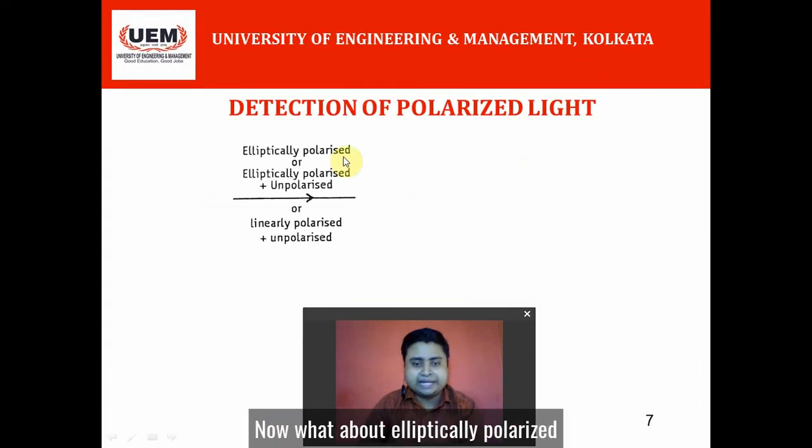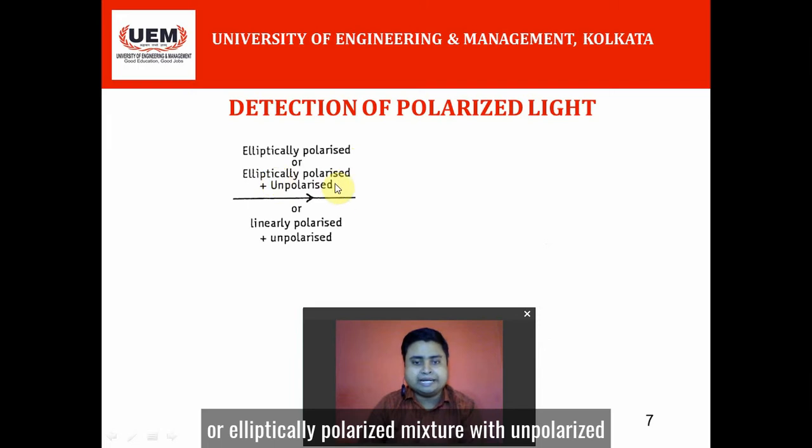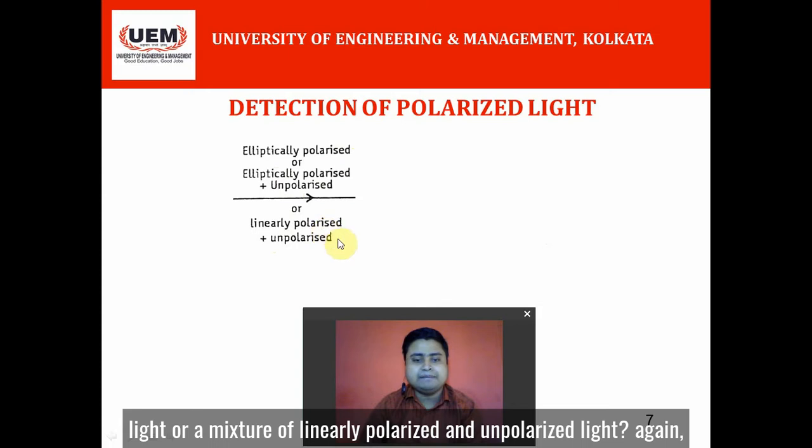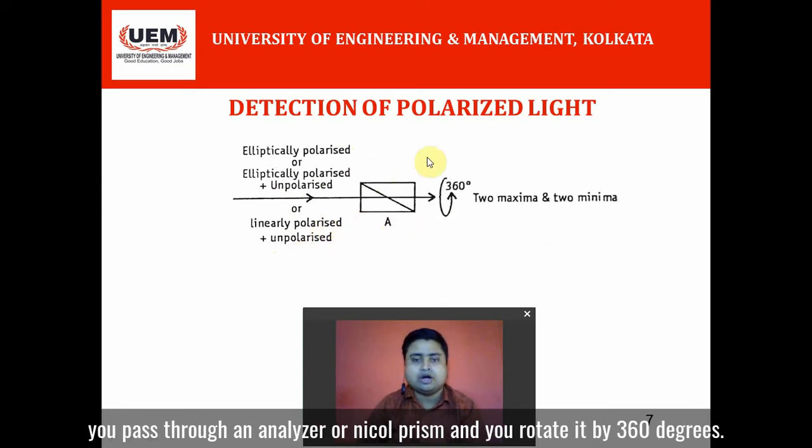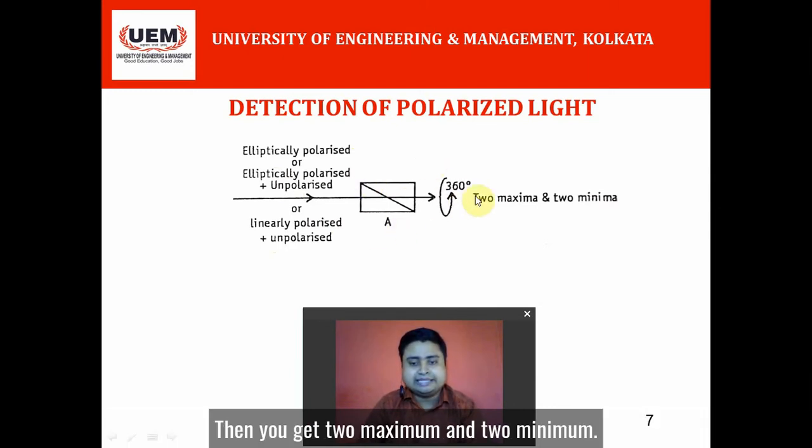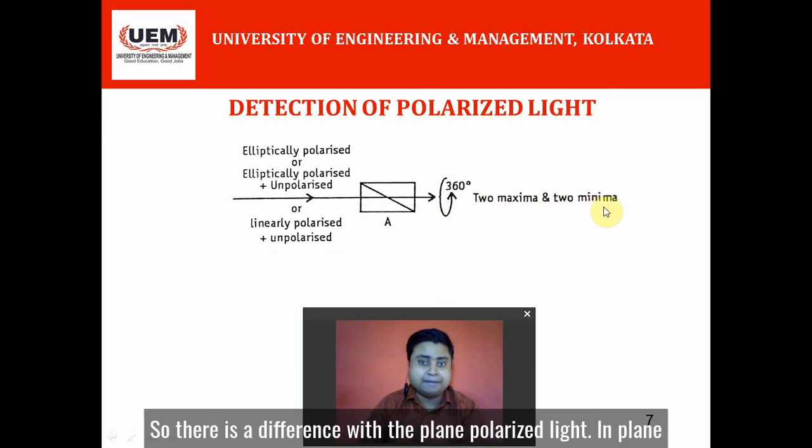Now what about elliptically polarized light, a mixture of elliptically polarized and unpolarized light, or a mixture of linearly polarized and unpolarized light? Again you pass it through an analyzer or nicol prism and rotate it by 360 degrees. Then you get two maxima and two minima. So there is a difference from plane polarized light.